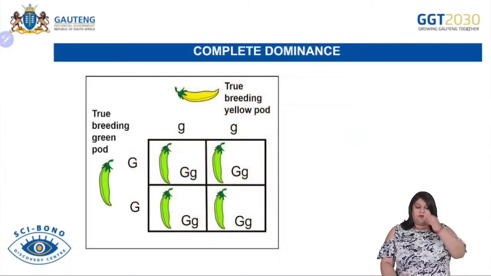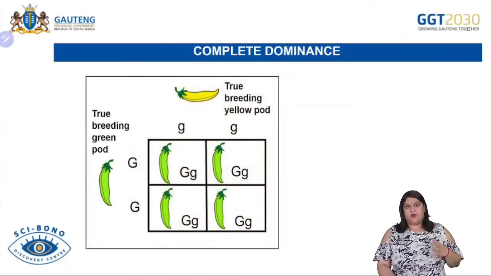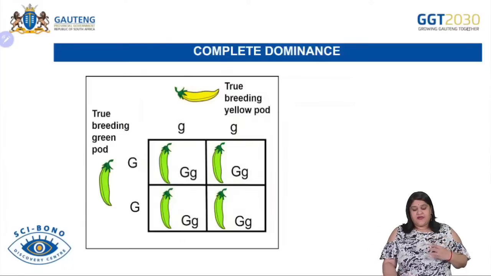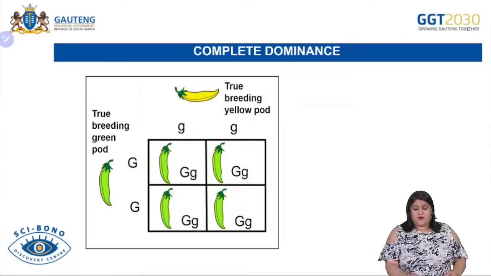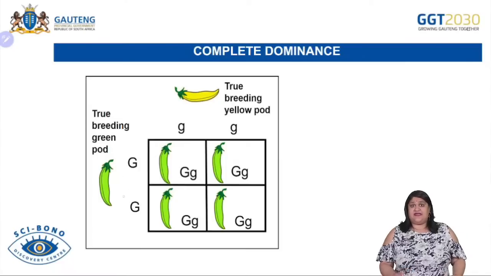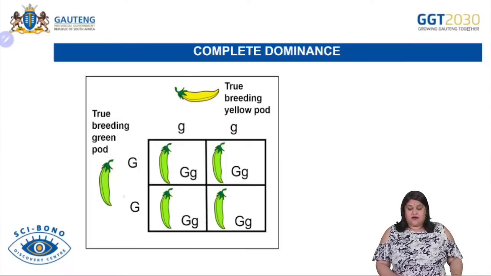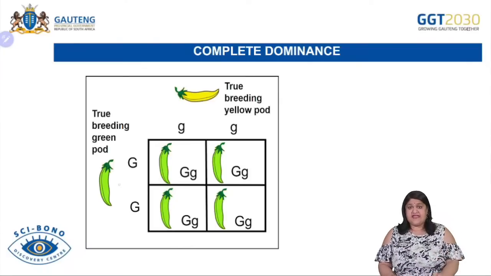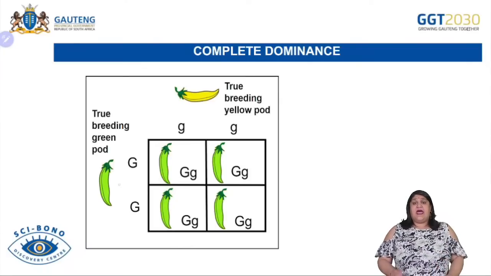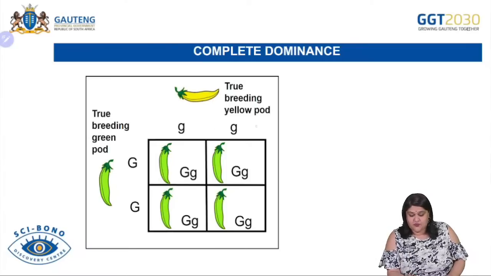Right, the complete dominance. Essentially, what complete dominance is telling us is that when we have a green pod, a true breeding green pod, we have two dominant alleles here, indicated with a capital letter. We have an individual that has two dominant alleles. It is homozygous. And it is crossed with an individual that has two recessive alleles, small letter.